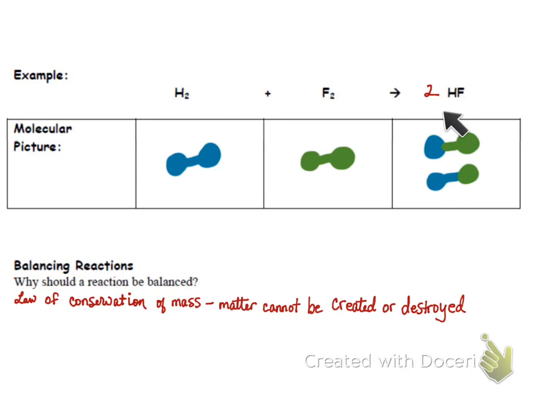We put a 2 in front of the HF here. It is not part of the formula. It just says that there are 2 HF molecules. The reason that we have to balance is because of the law of conservation of mass, which says matter cannot be created or destroyed. So the same number of atoms have to be on both sides of the equation.